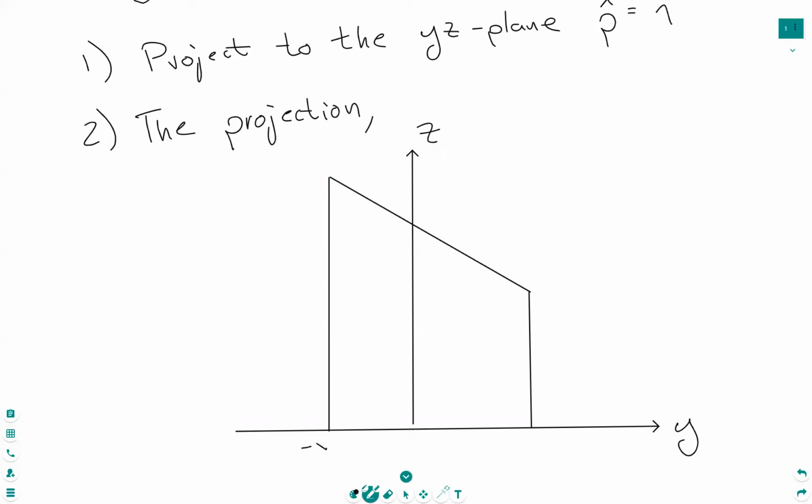We know that this goes out to -√3 and √3 because it's a circle of radius √3 on the bottom. This goes up to a point 4 minus √3, and this goes up to a point 4 plus √3, because Z is equal to 4 minus Y.